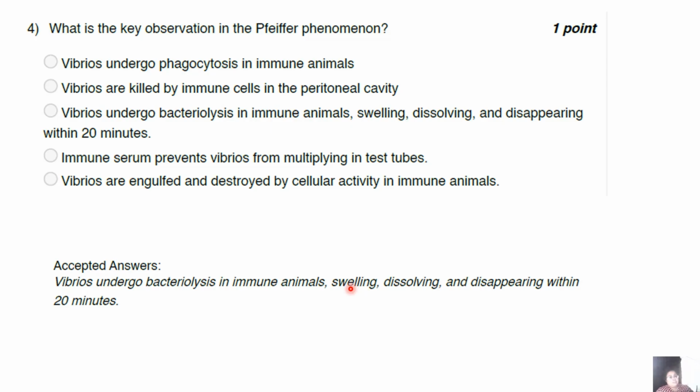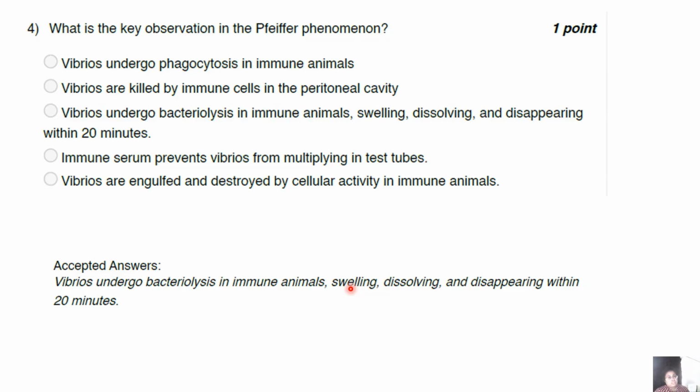So the correct option will be option C, which is: Vibrios undergo bacteriolysis, or bacterial lysis, in immune animals, swelling, dissolving and disappearing within 20 minutes.